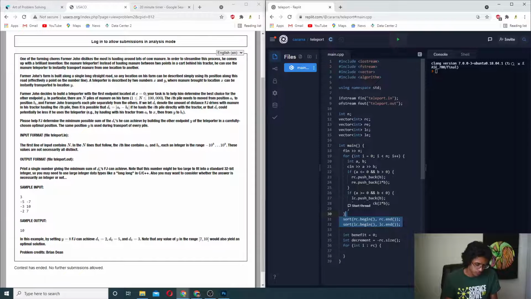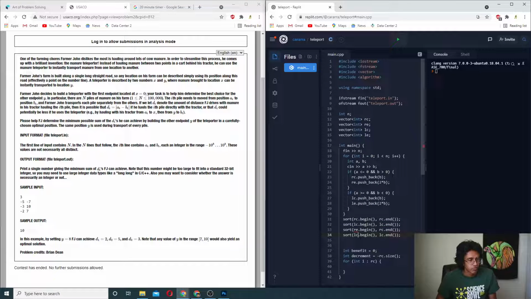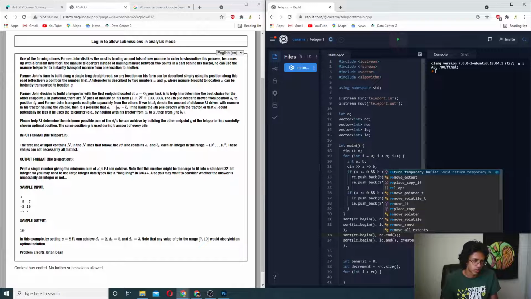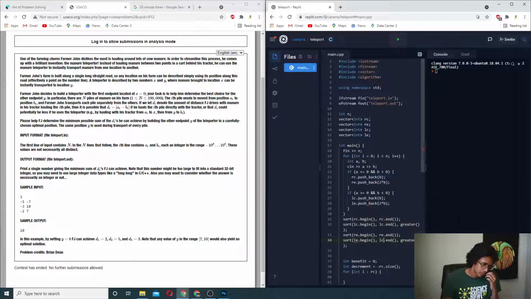Sort all these. And I should probably sort these backwards, because we want to go from closest to 0 to farthest from 0. So we'll do greater, and we'll do greater here, on re.end and le.begin and le.end.